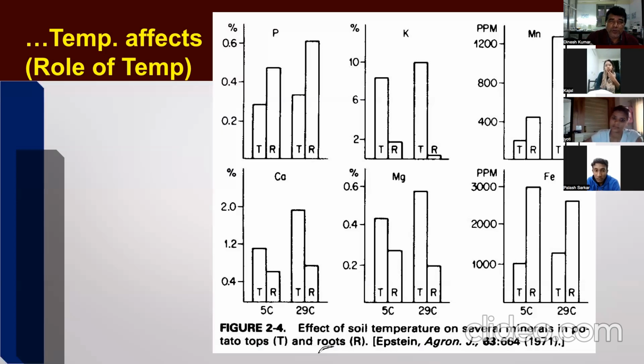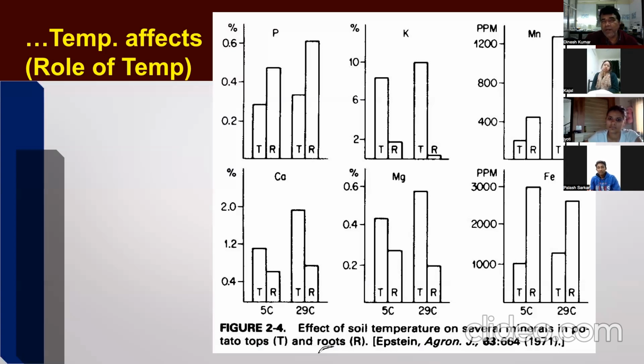So this is just to show you that under stress condition, plants have such a mechanism that they can have variable concentration of nutrients in shoot as well as in root. And you can also learn from this data that there is no uniform concentration of nutrients in different plant parts. This is yet another message.